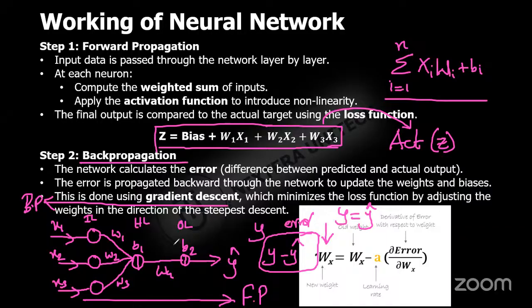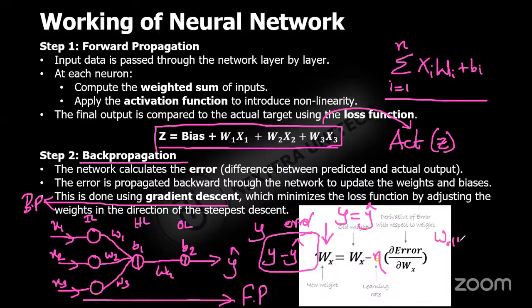They will be updated using a formula, and that formula we have here. What does the formula say? New weight is equal to old weight minus the learning rate, which is represented with eta, multiplied with the derivative.